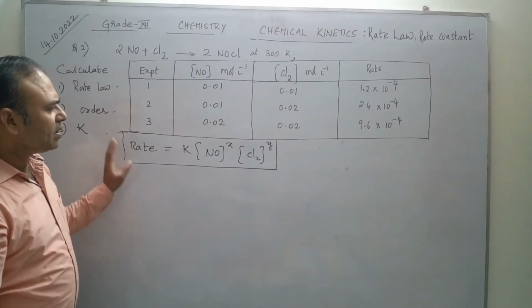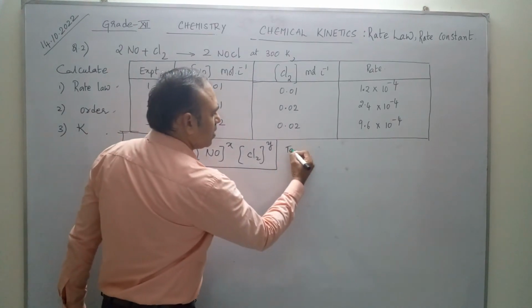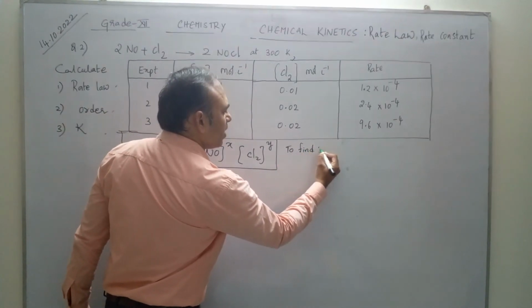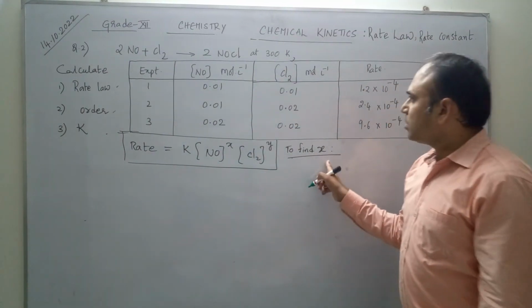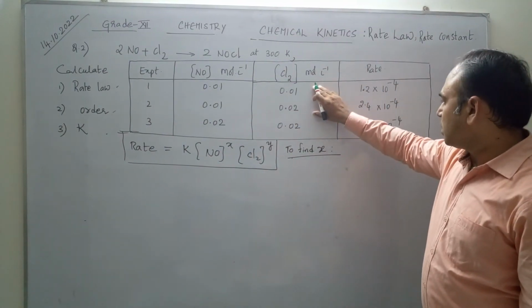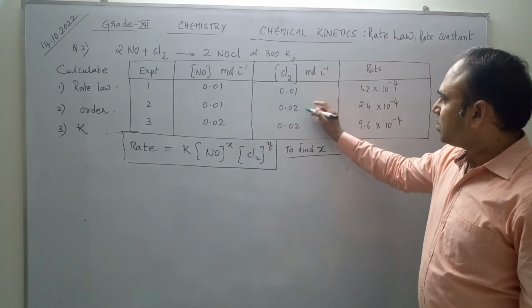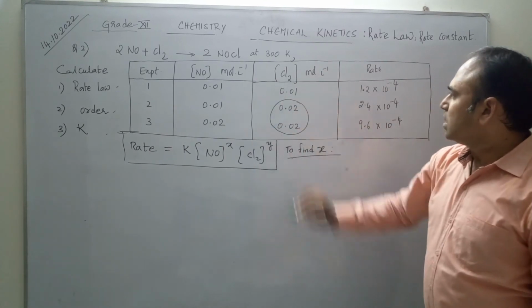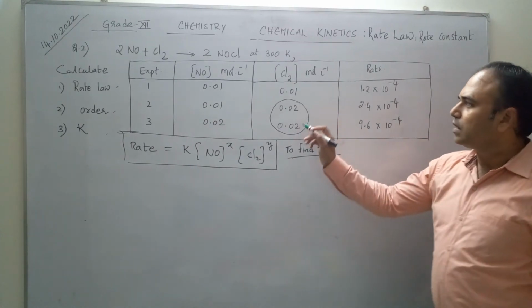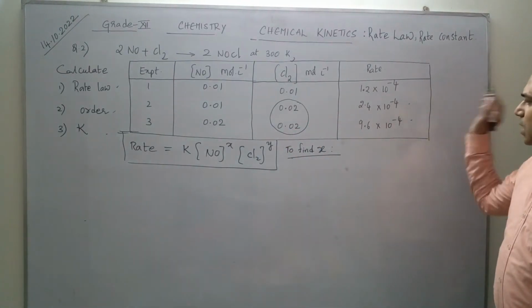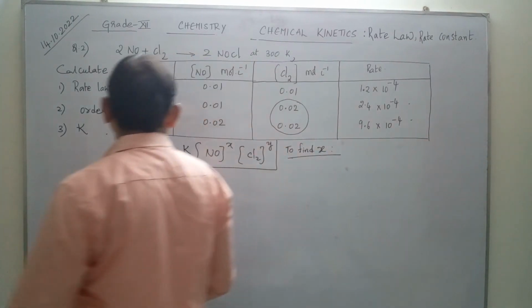Now again apply the same thing, that is first to find out X. What we have to do to find out X? Observe here in this second concentration where you are having similar values. So therefore we can take R2 as well as R3. Let us write what is R2.